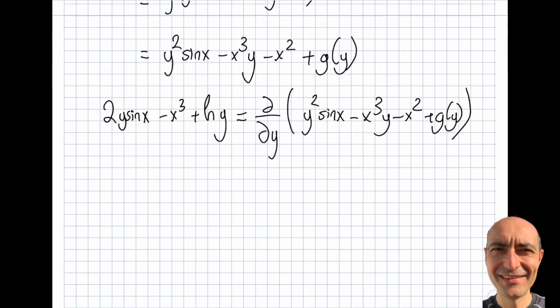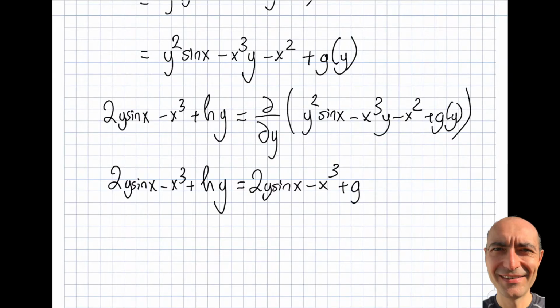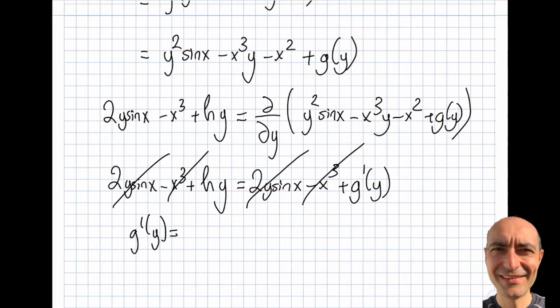Okay, the left hand side is the same. Let's look at the right hand side. The derivative of the first term will be 2y sine x. Okay, I'm doing fairly well. Minus x cubed and then plus g prime of y. So these two cancel, you see that? And right there and then, I get myself g prime of y is equal to ln y.